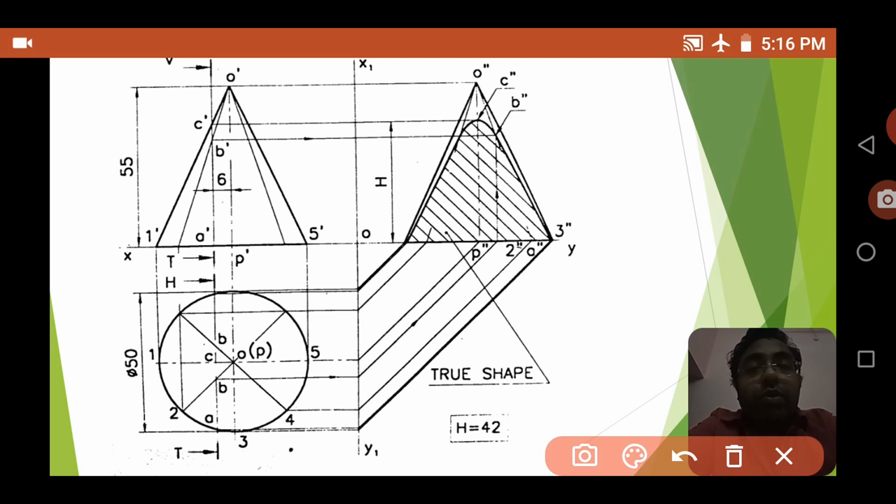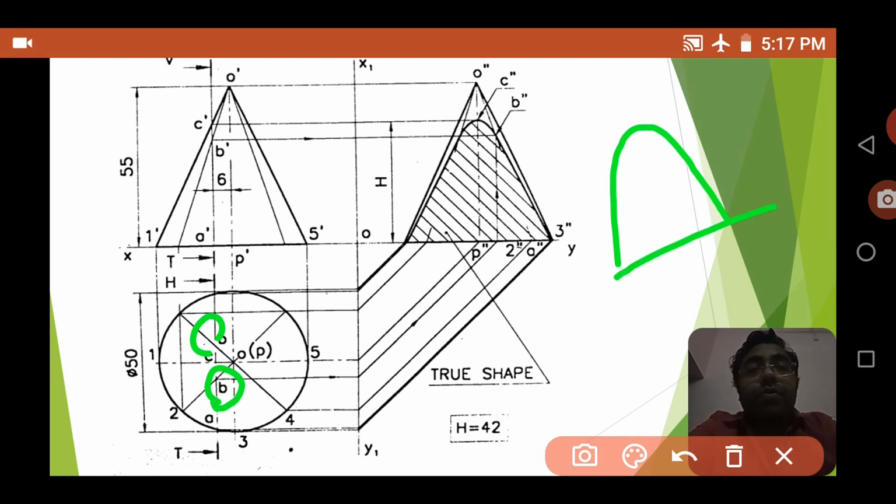But when you are considering a cone, suppose you imagine that your cone is standing on a plane. If you cut it, two edges will appear, one on this side and another on this side. You can see it's just like a parabolic shape, because this side and this side are cut, and here it is c.